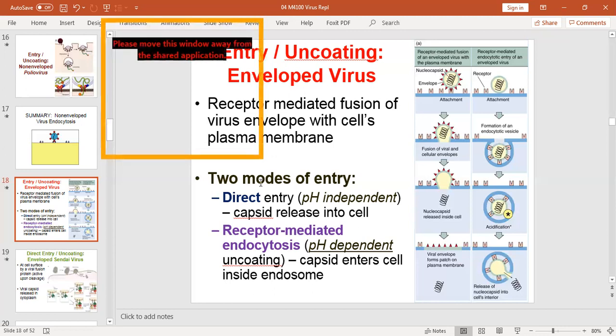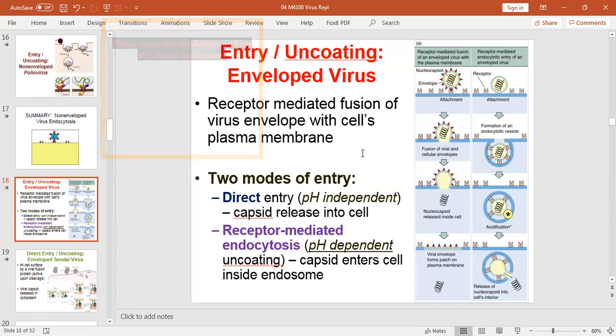As you know, both are the same composition, viral envelope and host cell plasma membrane. And then after this initial fusion, there are two ways that virus can gain entry or penetrate. One is direct, and this direct is basically pH independent.